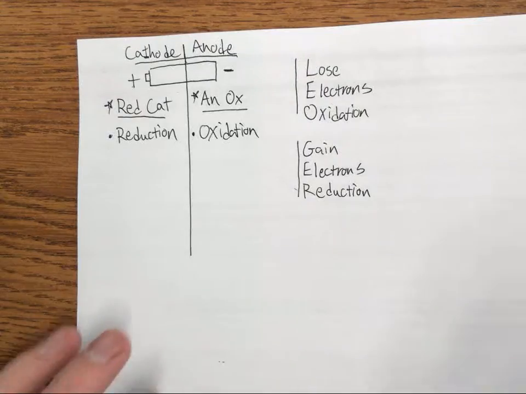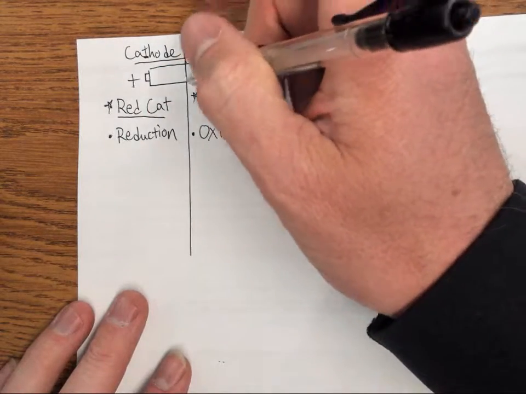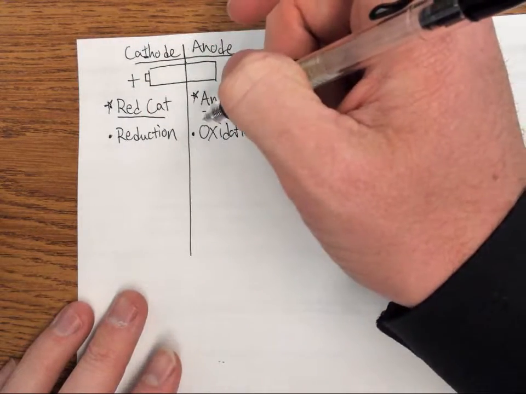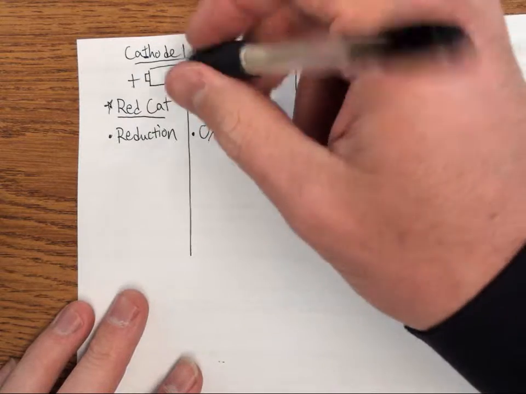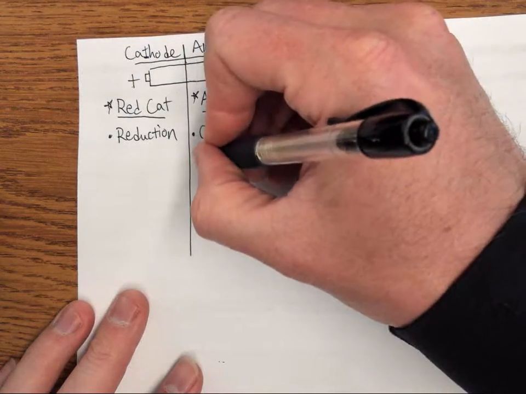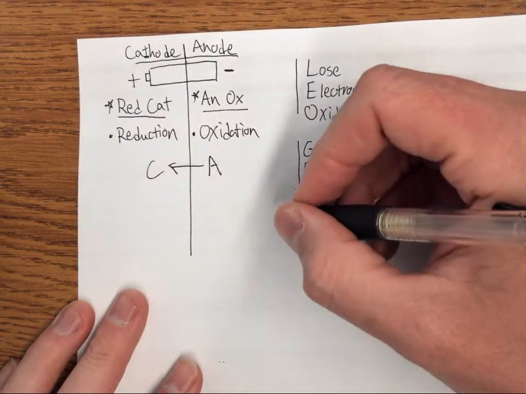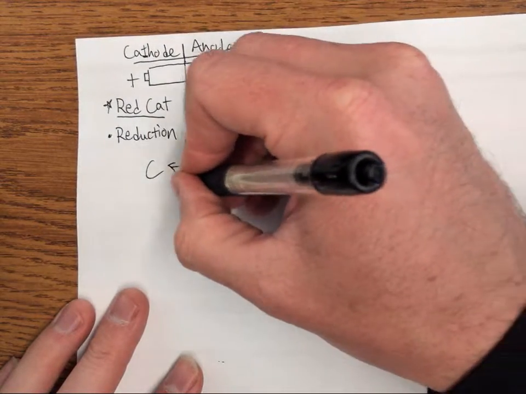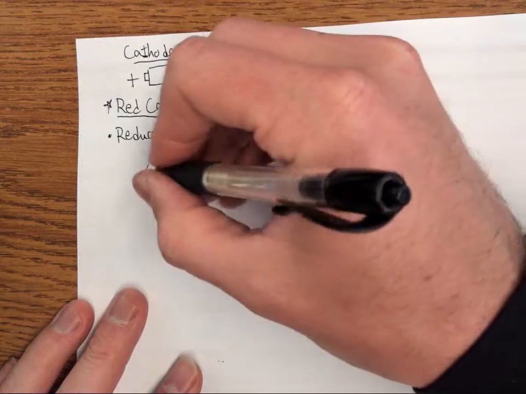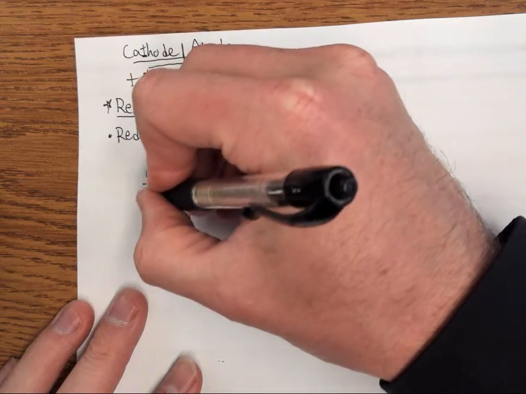How do we figure out where electrons flow? Electrons are going to flow from A to C. So we have electron flow.